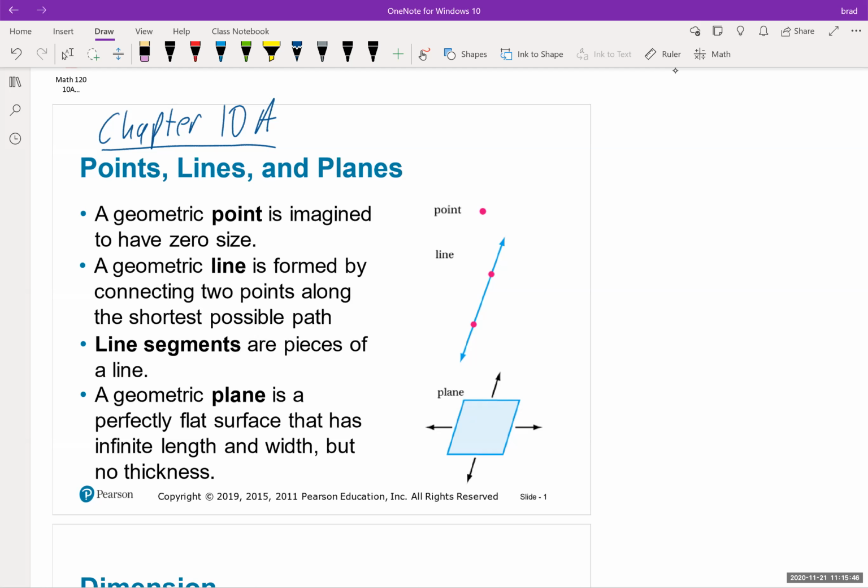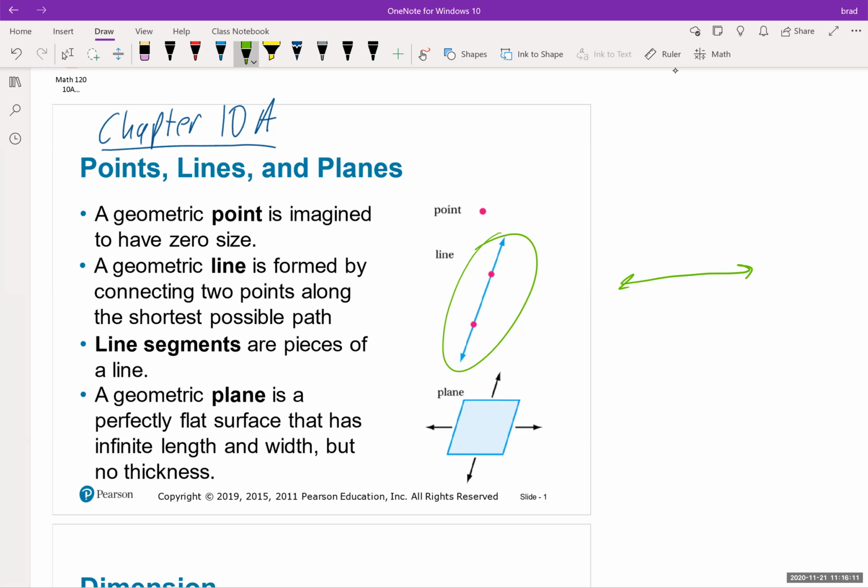A geometric line is formed by connecting 2 points along the shortest possible path. And once again, this is a line, and then this is a line segment. Okay, so just keep that in mind. Let me draw that out here. So this is a line, right? But when they talk about a line segment, let's say you have a line like this, okay?